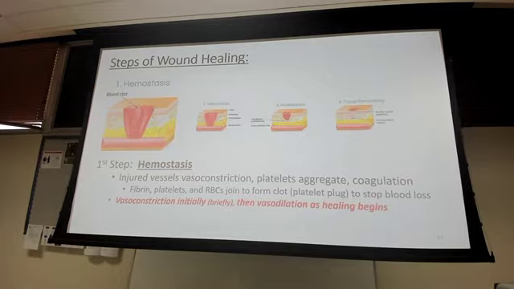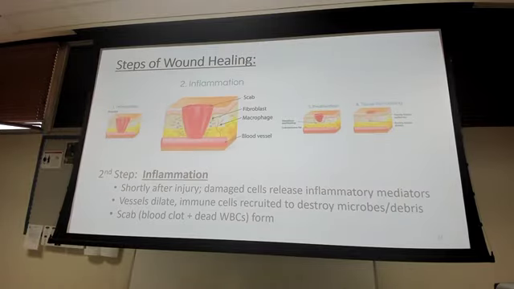It only lasts for a few seconds though, and then once that clot starts forming, that's when the inflammation process kicks in. That's when we get that vasodilation. So first step of wound healing is vasoconstriction, and then you get to inflammation, and that's when we have the vasodilation. That's when we bring in those resources to try to fight off whatever may have gotten into our blood system or the tissues around that.